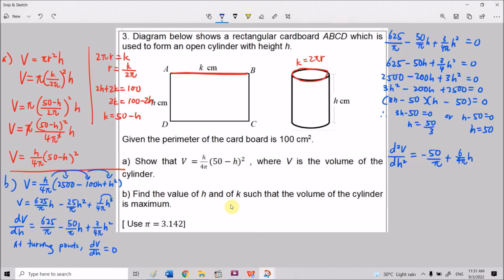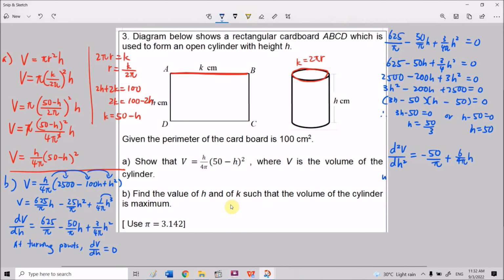Why are we using the second derivative? Because when we substitute the h value into this equation, if we get a value less than 0, it means the h value is from a maximum point. If you get a value more than 0, it means that the h comes from a minimum point.